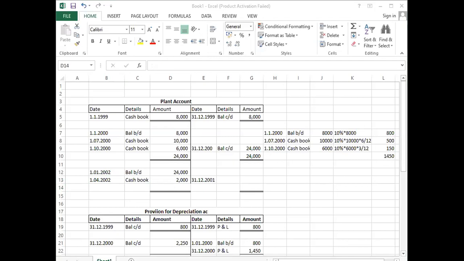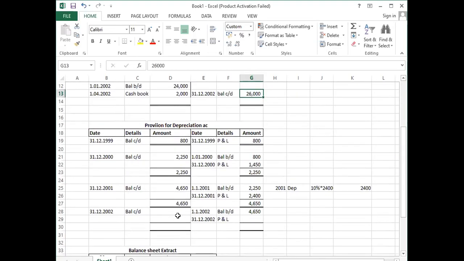And therefore, we can confidently say that at the end of year 2002, the balance carried down, total asset was 26,000. True or false? It was 26,000.